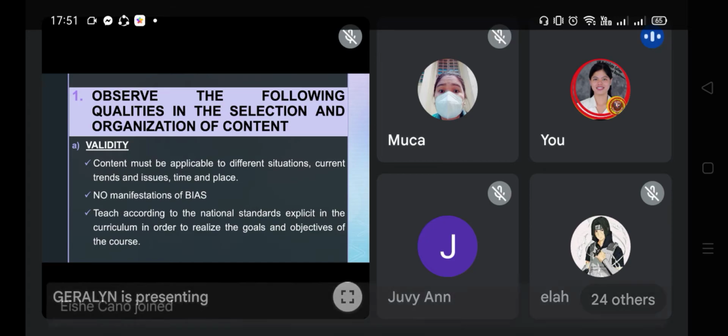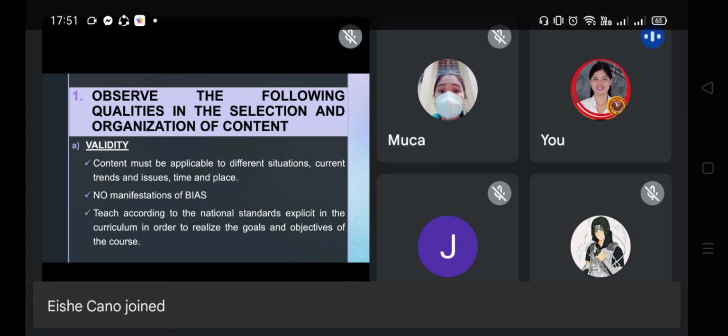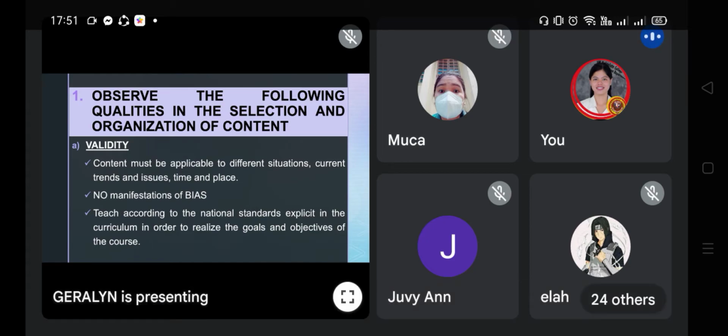And last one, we need to teach according to the national standards explicit in the curriculum in order to realize the goals and objectives of the course. If you remember sa previous na topic, diba, we discussed about the necessity in aligning our course or our objectives in the standards of the national educational program.